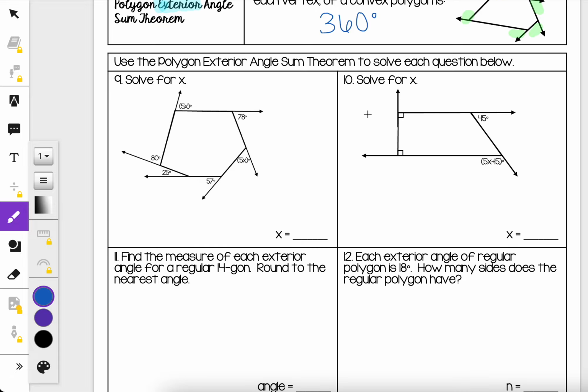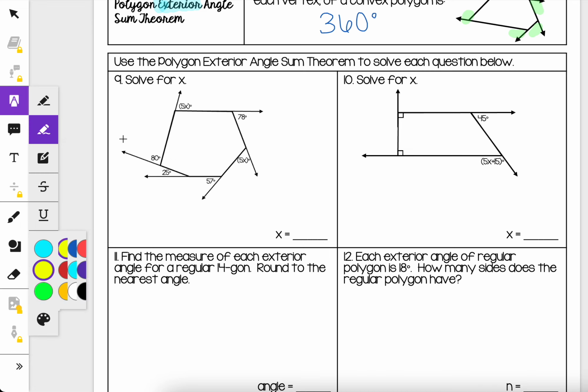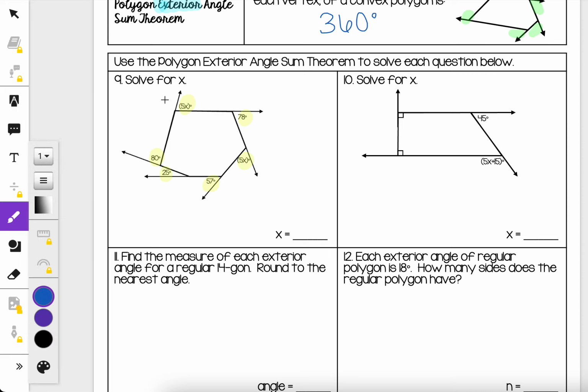So let's try to use this Polygon Exterior Angle Sum Theorem. If I look at this polygon here, it's giving me my 6 exterior angles. There's one exterior angle at each vertex. So I know that the sum of these, when I add these all up, is going to be equal to 360 degrees. So let's try that.